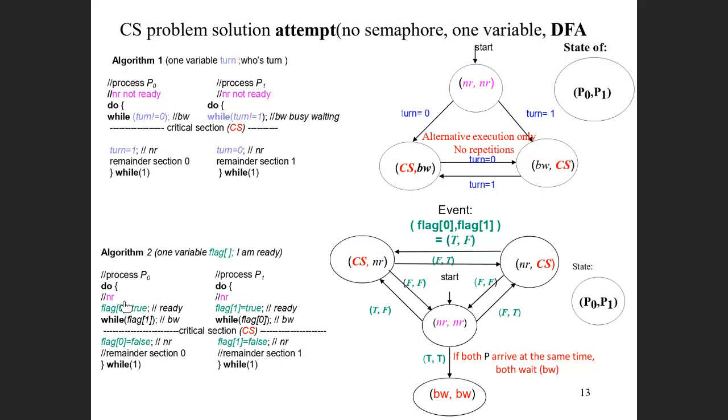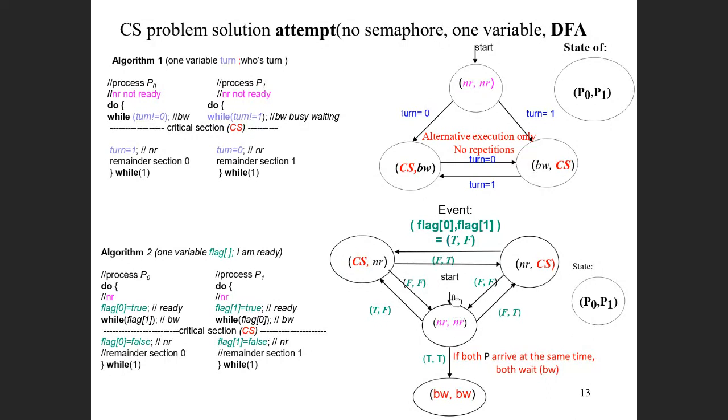So until this moment, the process is not ready. The process is ready only if its flag is true. And once the critical section has been executed by the process, flag of 0 becomes false, allowing maybe another process to perform. Let's take a look at the graph.